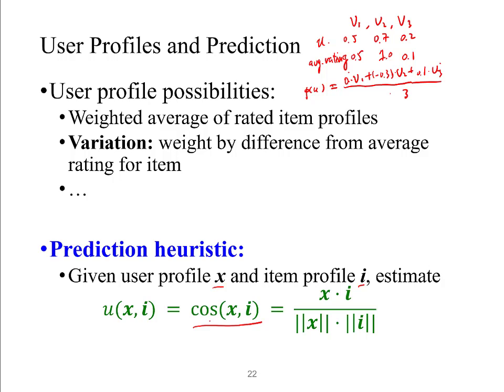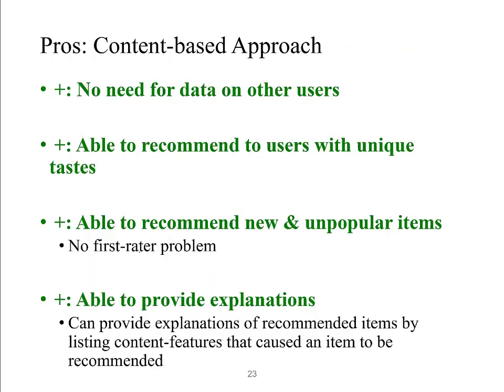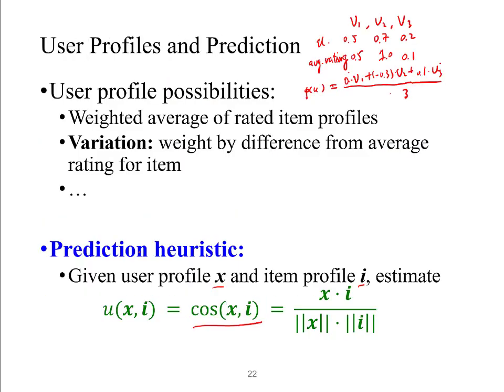All right, so this is how we do the prediction. Using this we can create a profile for each and every user, and also for each and every item. Then, given the user u, we have different items.